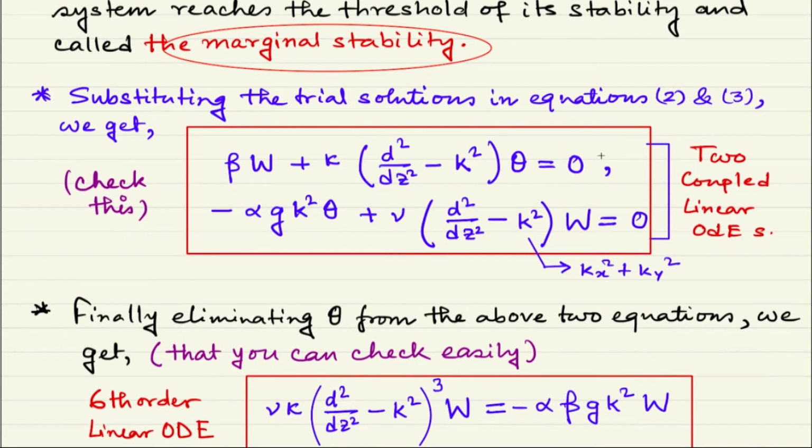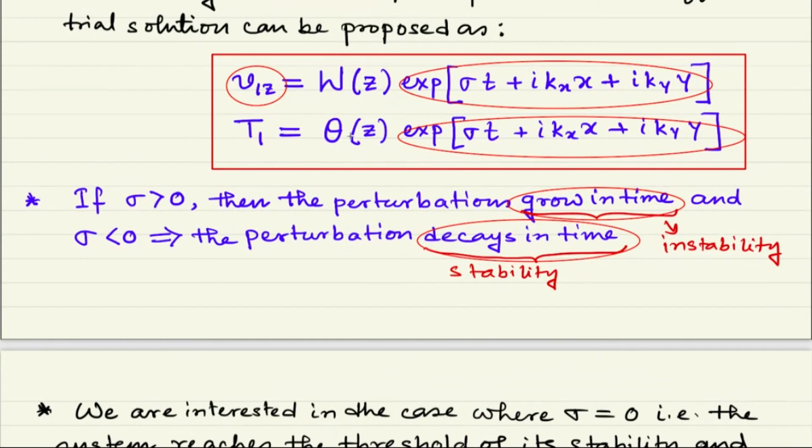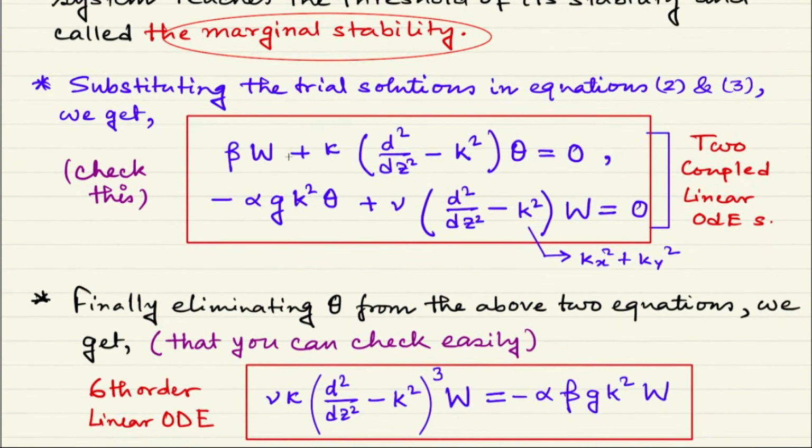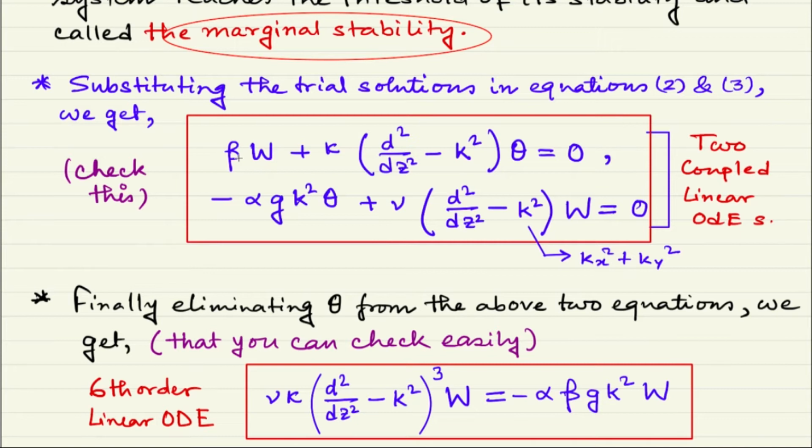If you substitute these two properly, the final equations become beta times W plus kappa times d2/dz2 minus k square times theta equal to 0. Here I have introduced something new, small k, I am coming to that. The other equation is minus alpha g k square theta plus nu times d2/dz2 minus k square times capital W equal to 0.